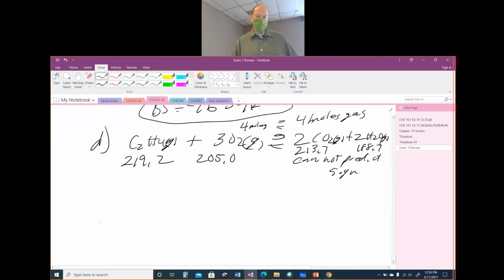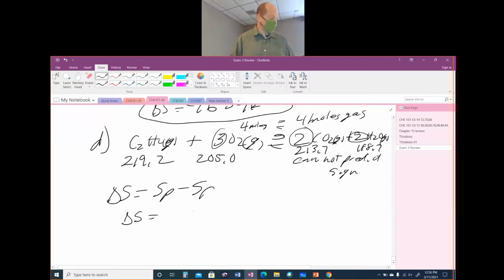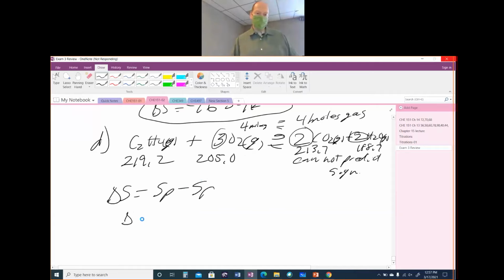Now your delta S is your products minus reactants. Again, you have to multiply by the coefficient because that is per mole. So 2 moles of that, 2 moles of that, 3 moles of that, 1 mole of that. When you push the buttons on your calculator and do products minus reactants, you get negative 29.4.